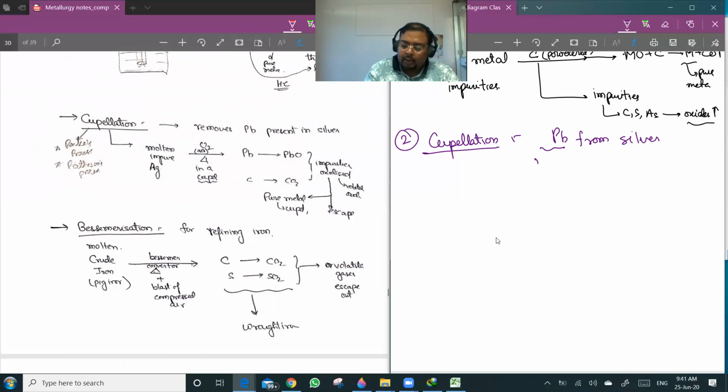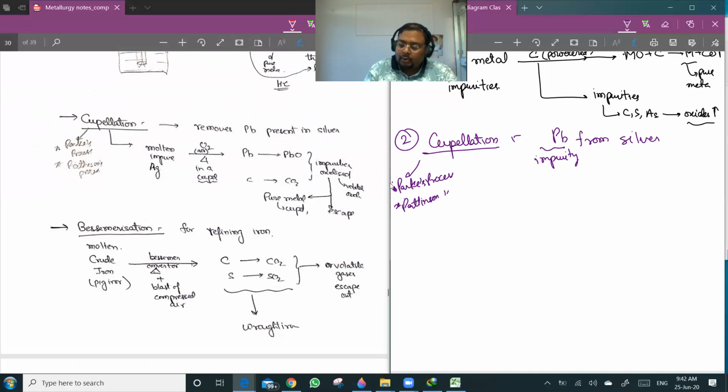Lead is the impurity here, and silver is the metal. We have already discussed that lead can be removed from silver by two processes, the Parkes process and the Pattinson process. Both are aimed at separating lead and silver. Cupellation is again an old technique.